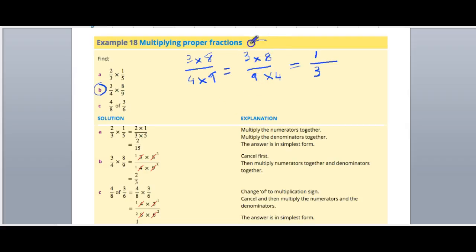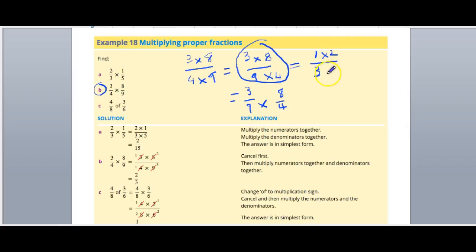Because what this is effectively, and this is why I'm probably complicating it more than it needs to be, it's the same as 3/9 times 8/4. Even though it looks different here, it's the same as this. And 3/9 is a lot easier to deal with than 3/4, and 8 over 4 gives you 2.